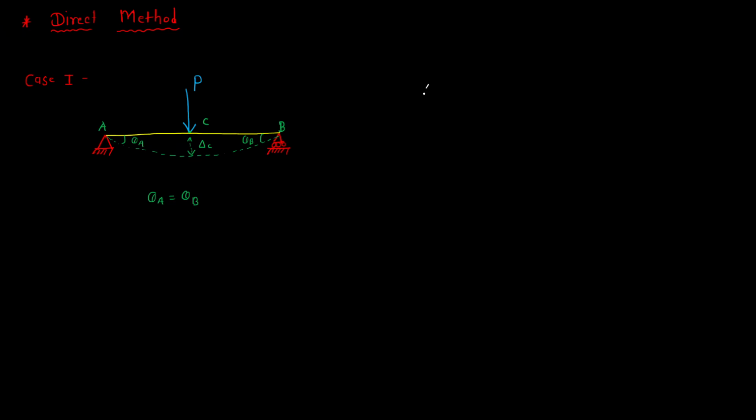So here, what is the maximum deflection? The maximum deflection is present at the center, that is at point C, and the value of maximum deflection is PL cube divided by 48 EI.